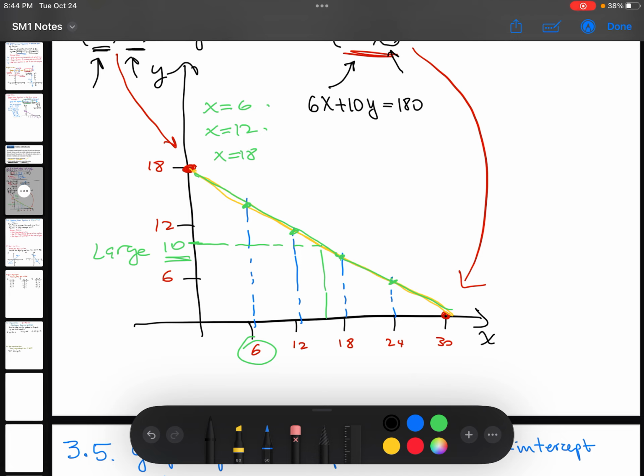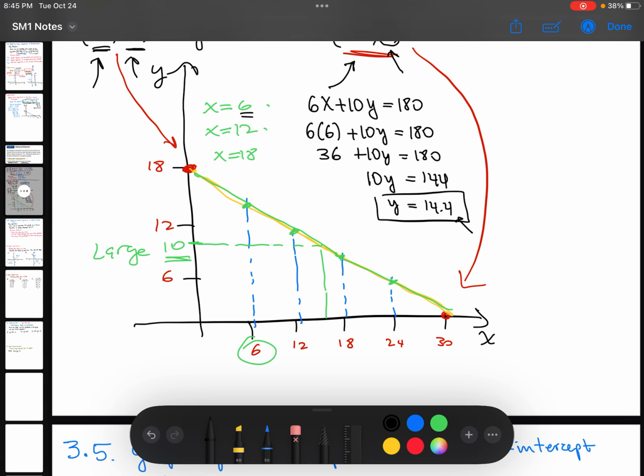What happens if you have 6 small tables? This is going to be 6 times 6 plus 10y equals 180. This is 36 plus 10y equals 180. You subtract 36, you have 10y equals 144, which means y is going to be 14.4. It doesn't work because we don't want to have decimals here.